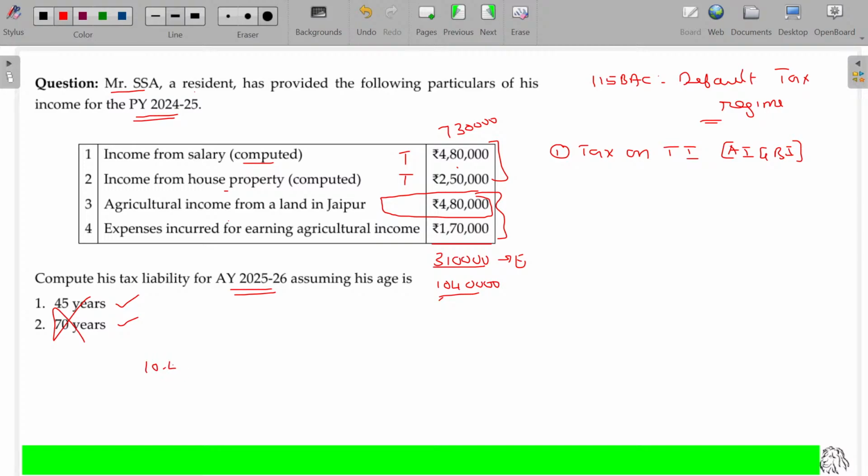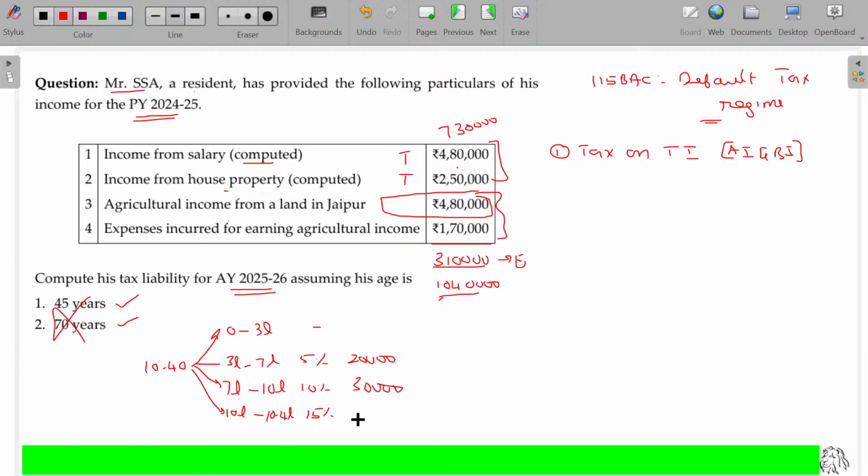For 10 lakhs 40,000 rupees: 0 to 3 lakhs, no tax. 3 lakhs to 7 lakhs, 5%, 20,000. 7 lakhs to 10 lakhs, 10%. 10 lakhs to 12 lakhs, but here we have only 10.4 lakhs, for that 15% tax rate.